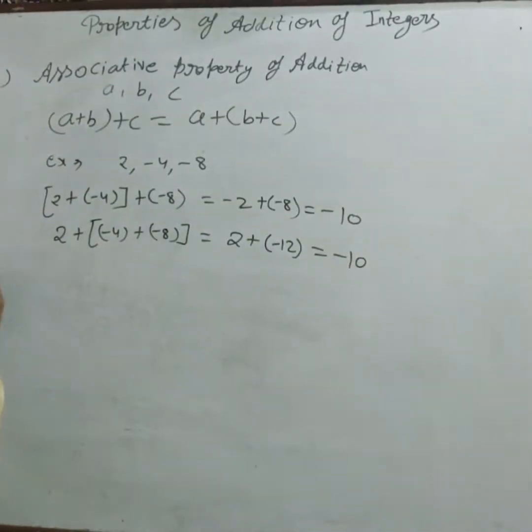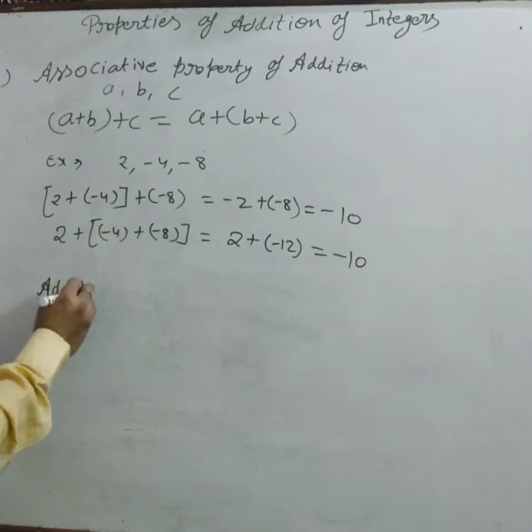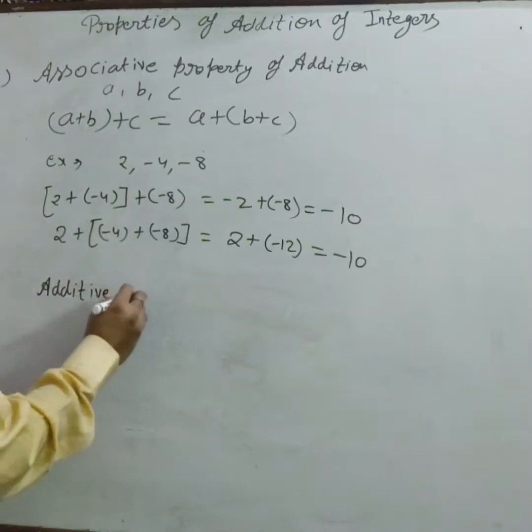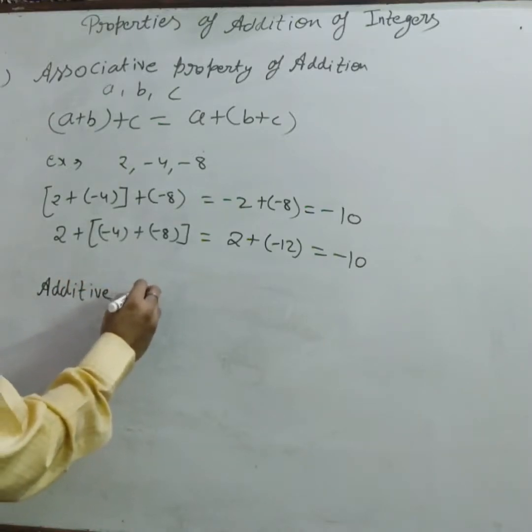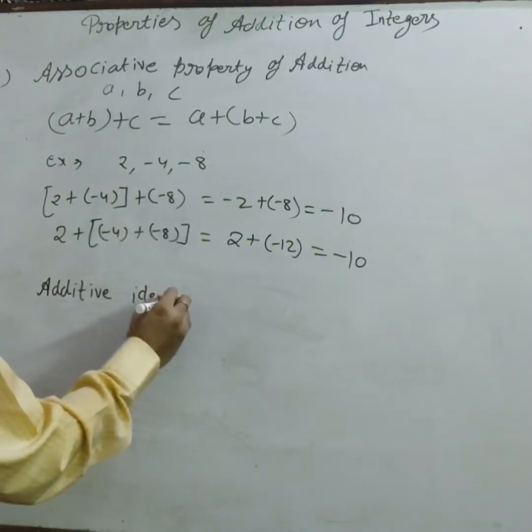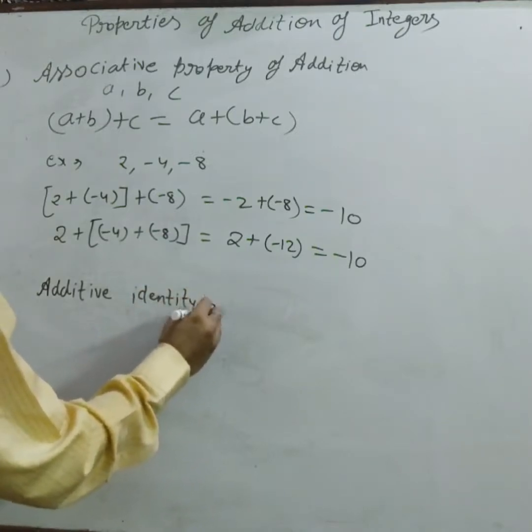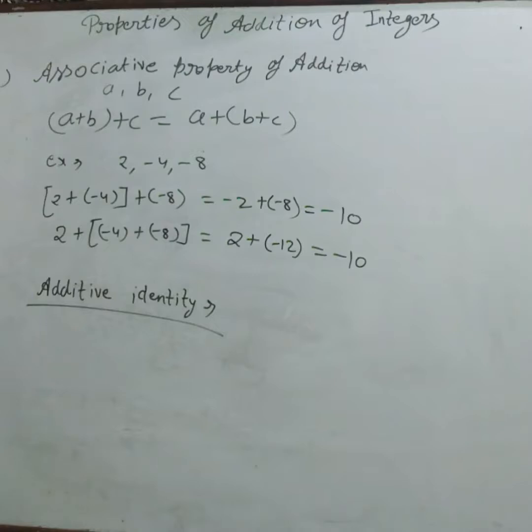The fourth property is the additive identity. In additive identity, if a is an integer, then a plus 0 is equal to a, and 0 plus a is also equal to a.